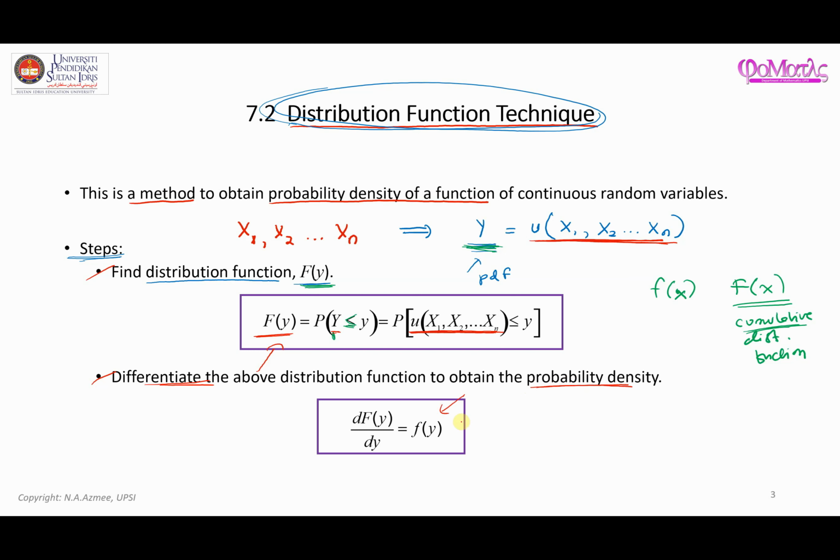This is the process you have also seen in chapter 3, where if you have a distribution function and you are asked to find the PDF, you have to differentiate the big F. So it's not something totally new or strange; you have seen it before. Without further ado, we're going to look at one or two examples, so that with those examples you are able to understand more about this technique.